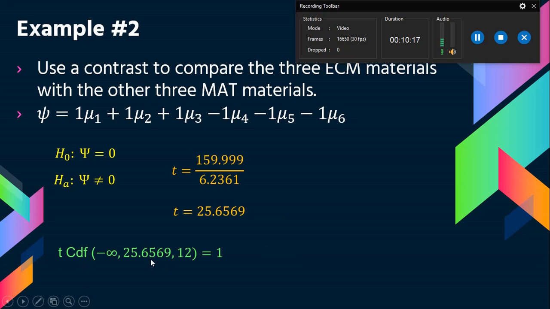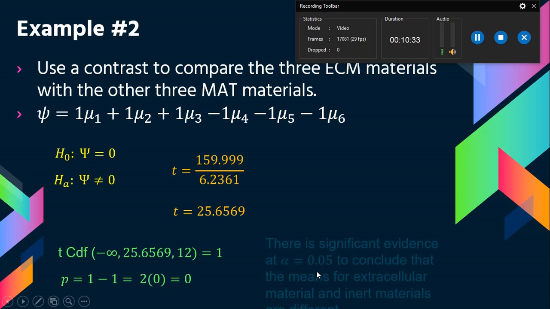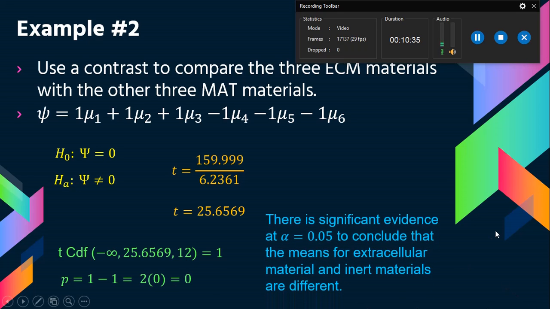I'm using my upper bound that I've just calculated, and we have 12 degrees of freedom. This is the degrees of freedom for the error. And I do get a 1, and because t is positive, we are in the right side of the distribution, so it's a 1 minus, and essentially p is 0. So we can conclude at alpha that the means for the extracellular material and the inert materials are different.